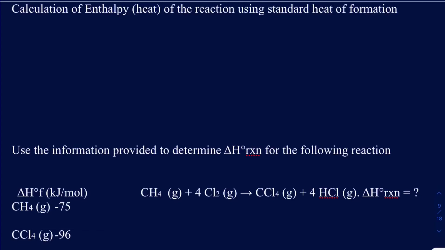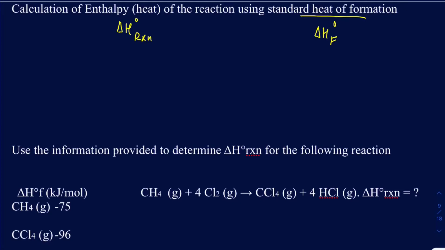Alright, in this video we're going to be calculating the enthalpy change or the heat change of the reaction using the standard heat of formations. So the enthalpy or the heat change has a symbol of delta H standard of the reaction, and the standard heat of formation symbol is going to be delta HF standard right there.